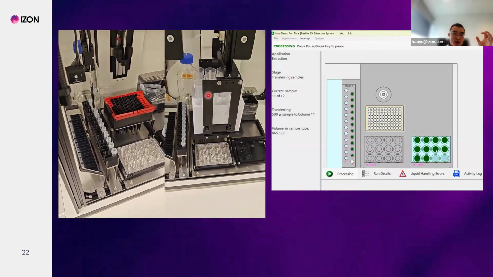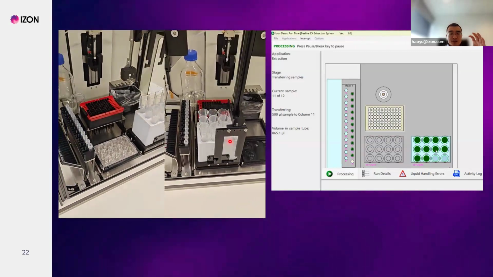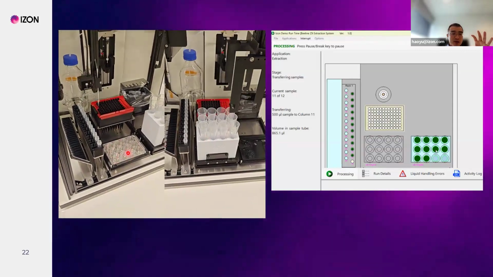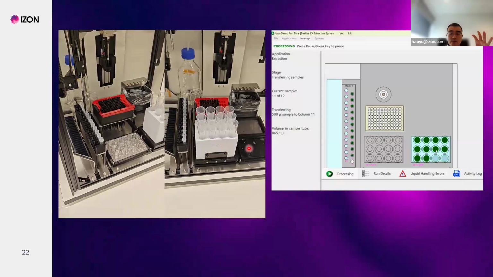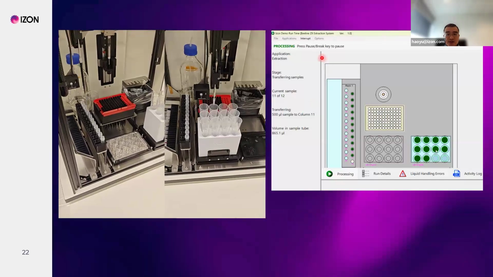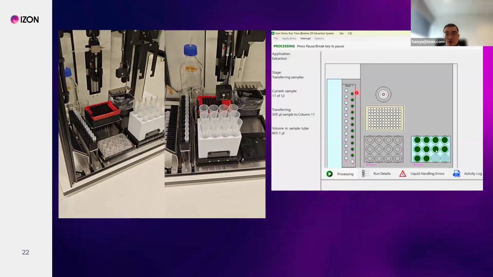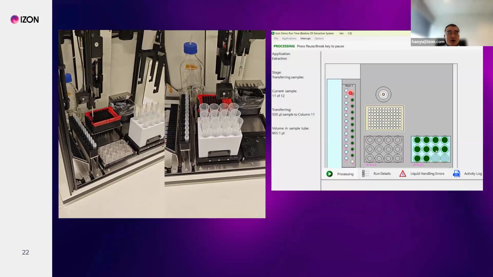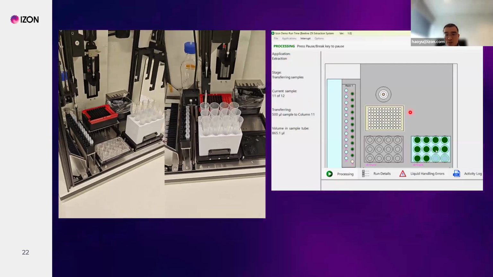The second video shows that after the buffer volume is collected, the robot will move the rack to the collection plate, place the tubes, and start to collect the purified volume. The right side is the interface of the Dexter system. As you see, all the procedure is set. You just need to set it up on your laptop and tell the device which samples need to be collected, and then it will do it by itself.